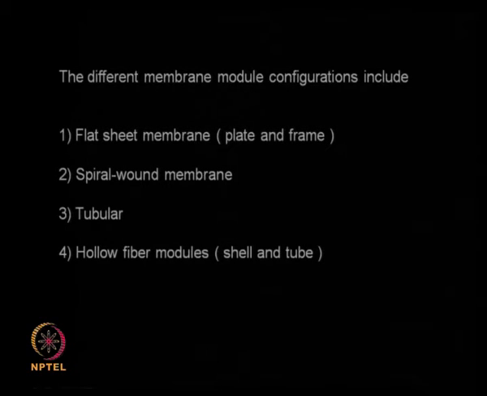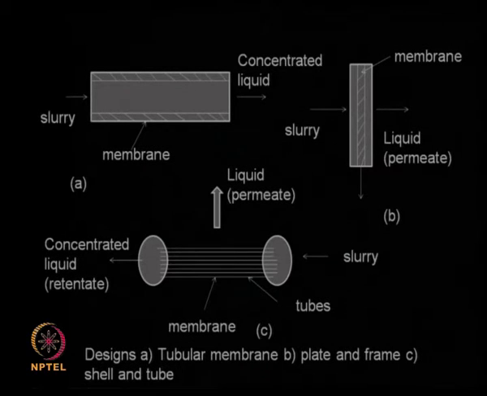You can have a tubular membrane, a long tube whose surface is made up of membrane, and the liquid flows inside. You can have hollow fiber modules, like a shell and tube heat exchanger, with a lot of hollow fibers, and the membrane process takes place because of the flow inside. These are just some pictorial representations of different designs of membranes. So this is a tubular membrane.